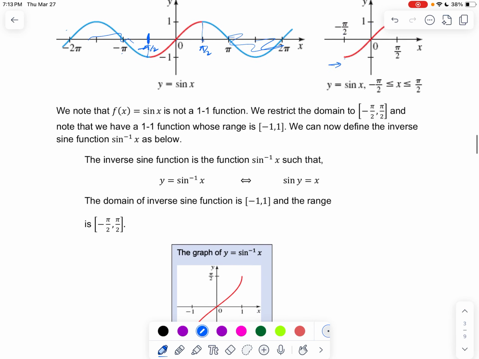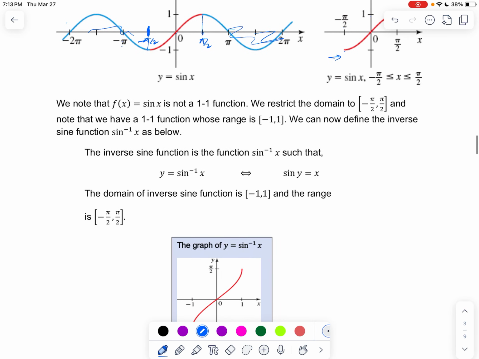Then we will define the inverse sine function on this piece. Restricting the domain to negative pi over 2 to pi over 2, in terms of the unit circle, t should lie in this region.